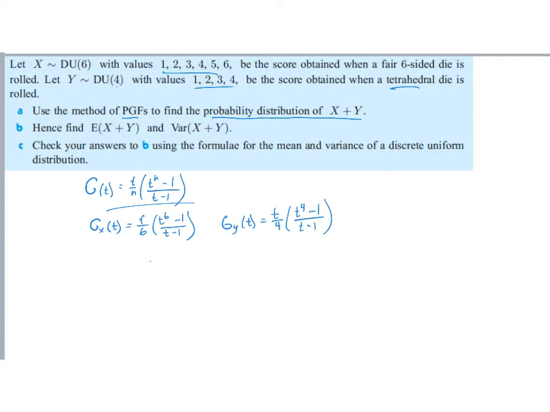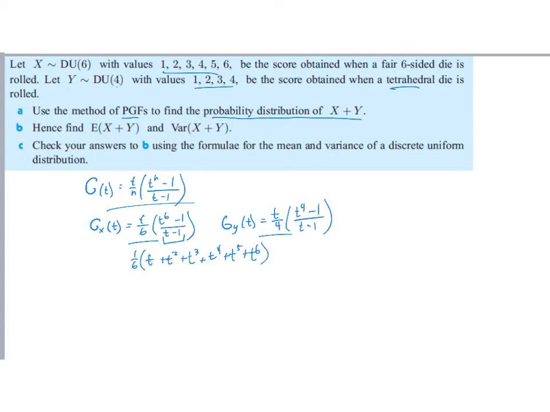Now, a couple of things that we want to recognize is we do need to put these together eventually. So I would like us to recognize where this came from. Remember it came from a PGF where I had 1 over 6 times (t plus t squared plus t cubed plus t to the 4th plus t to the 5th plus t to the 6th).